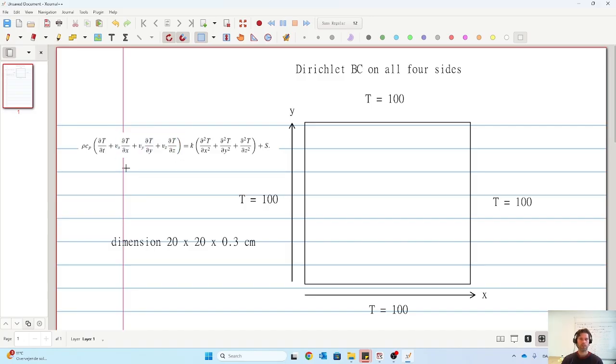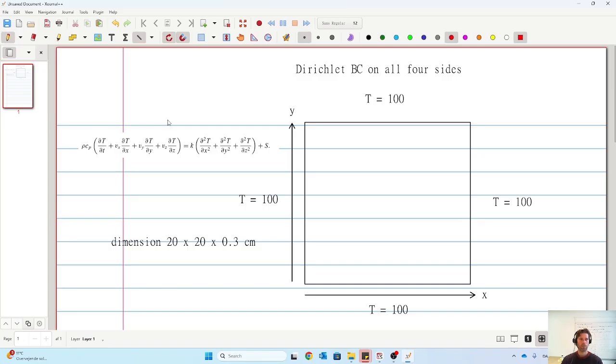Remember that advection is the movement of bulk heat, and since we have a solid aluminum plate here, there is no movement of the bulk aluminum. That would only be the case if this aluminum were melted and fluid, and some force pushed this fluid aluminum around. Then we would have some advection, but that is not the case.